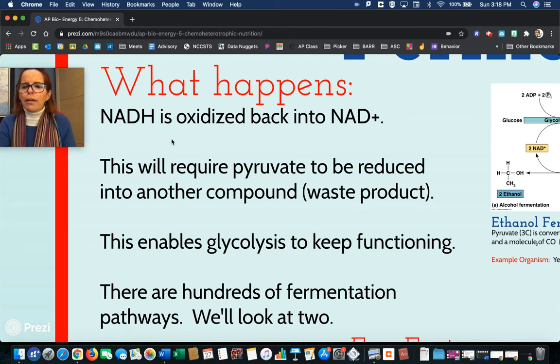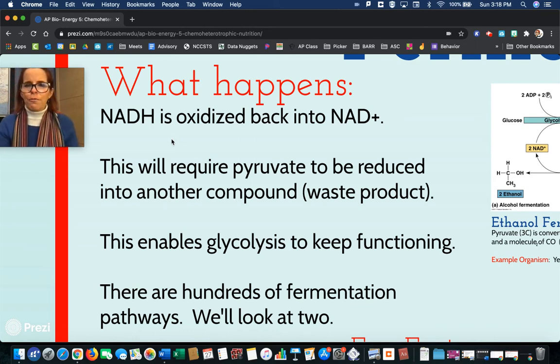This requires pyruvate to be reduced into another compound, which we're going to call a waste product. So that means that it's going to capture a few electrons, and that's going to change the nature of the pyruvate molecule. This enables glycolysis to keep functioning because now the NAD+ is able to collect 2 more electrons. So it's going to go around and around a little cycle.